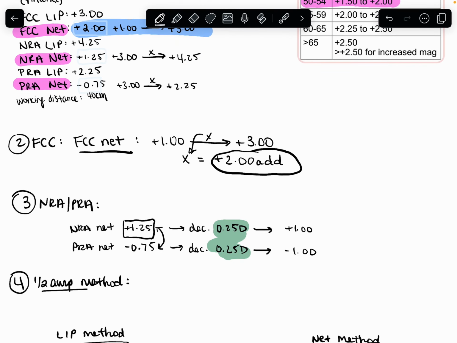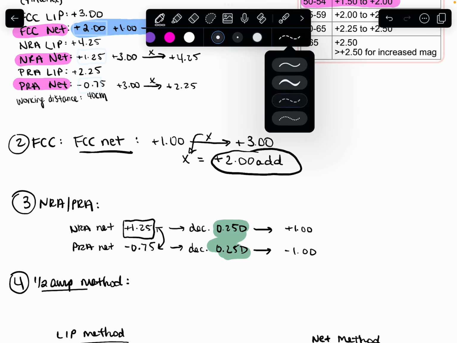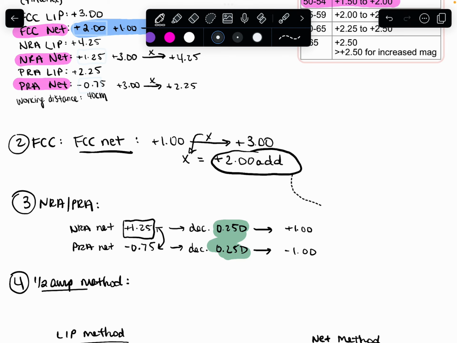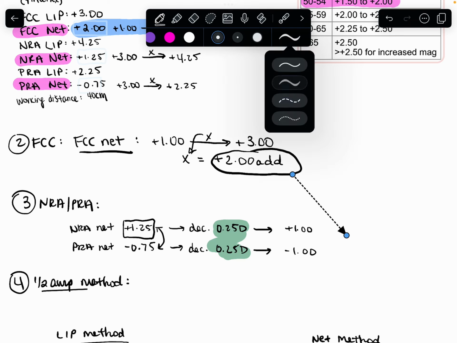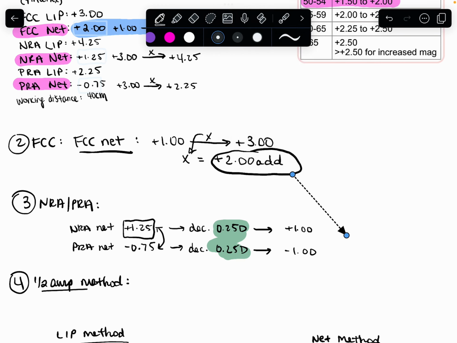So we're going to take the FCC add that we calculated. So I'll just make like a dotted line. And because this has a plus in front of it, that's exactly what we're going to do to the FCC number.